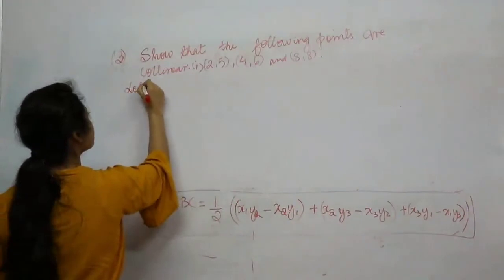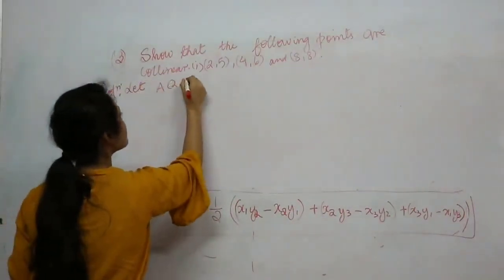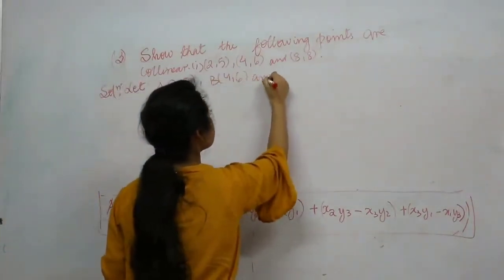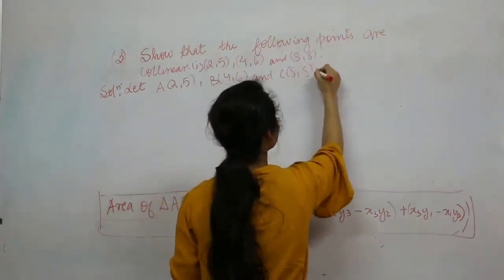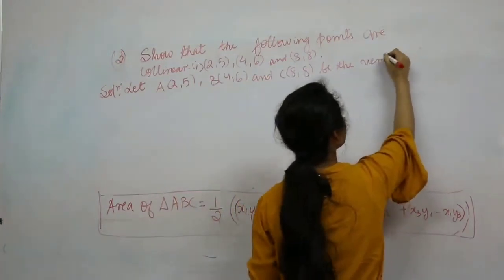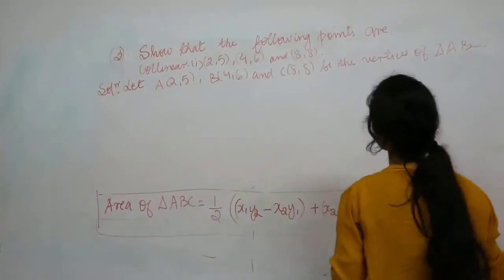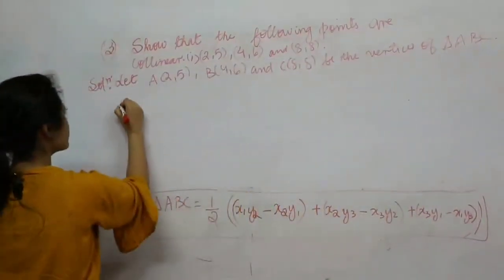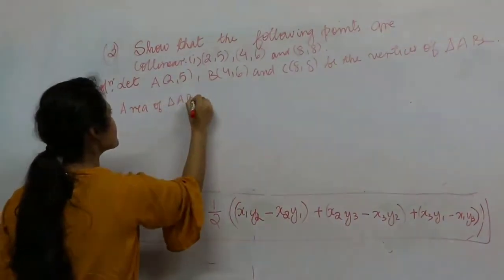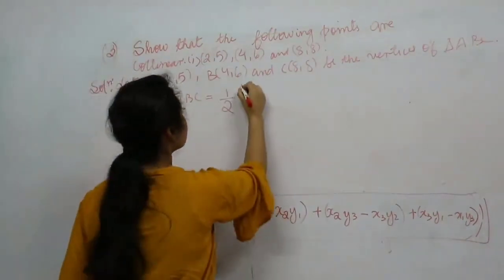Then, A, B, and C are the vertices of the triangle. The area, use this formula.